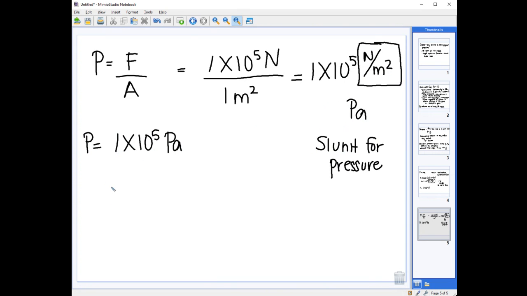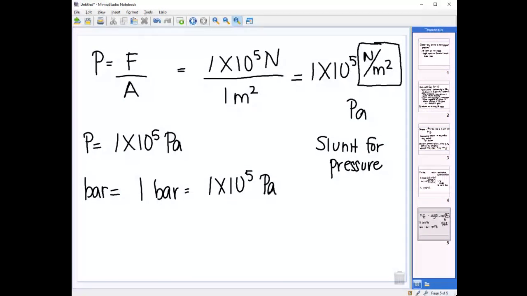A related unit, and you're going to see we have lots of units for pressure, is the bar. The bar is equal to 1 times 10 to the fifth Pascals.